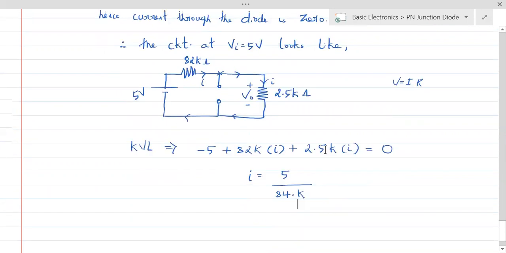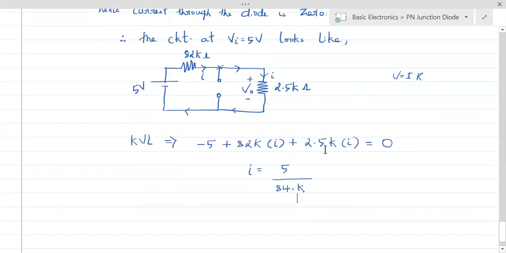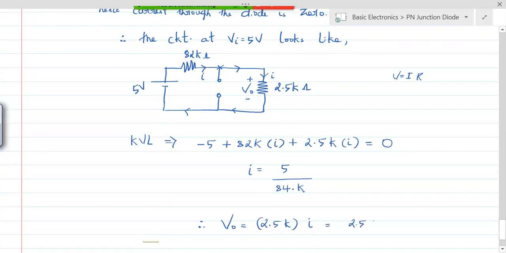Now, since I is this, what is going to be your V naught? Therefore, V naught is equal to 2.5K into I. So what would that look like? It's 2.5K into I, which is 5 divided by 84.5K.